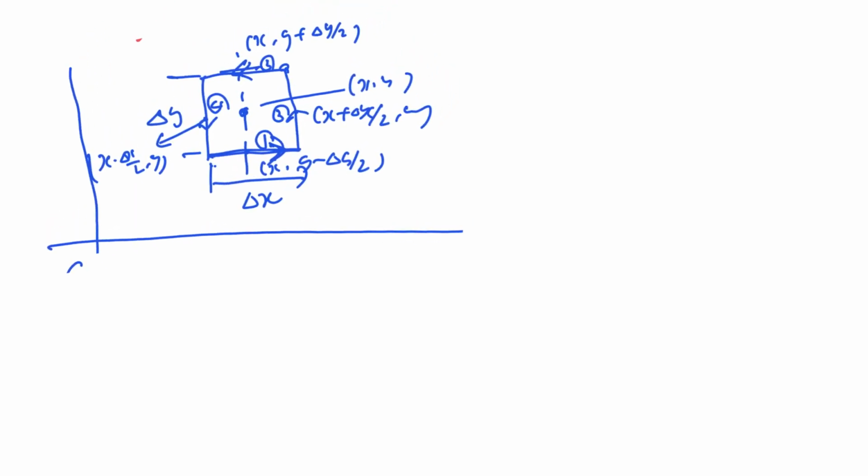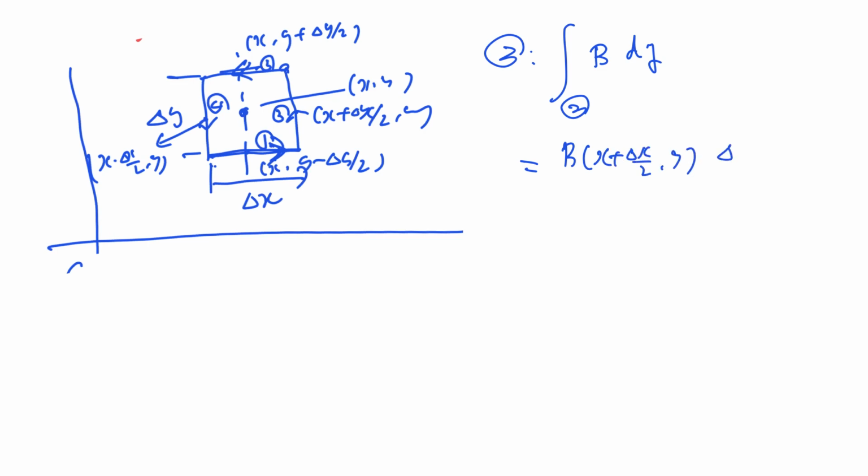Now for this integral 2, b dy is actually going upward, plus b(x plus delta x over 2, y) delta y, right? How about 4?